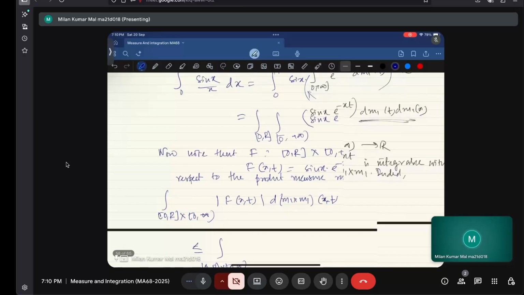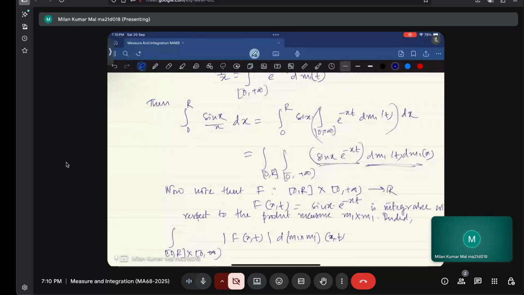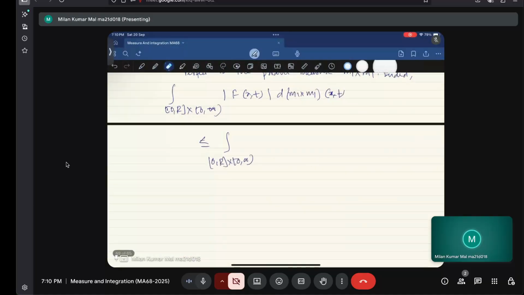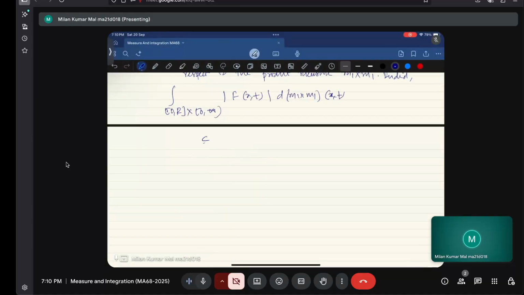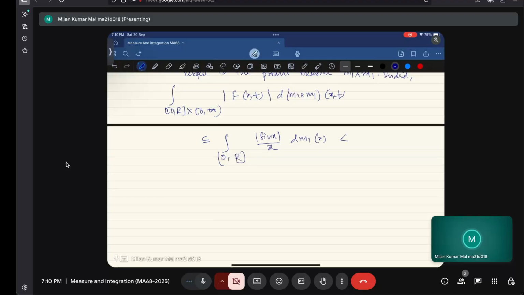Okay, whatever it is, this one is the mod fxt. So mod fxt, one can write, is less than or equal to the integration 0 to r of sin x by x, dm1x, but this is finite.